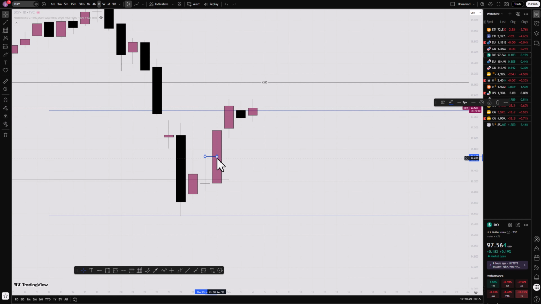And what we need to do is to mark the equilibrium of the candle, because we want to be buying either at the center, which is the 50%, or the equilibrium of the candle range, or just below it, or the upper part of this candle.